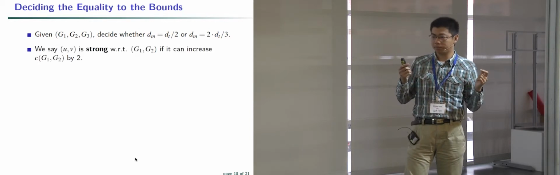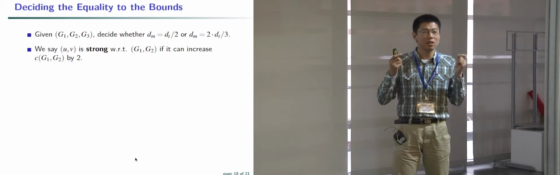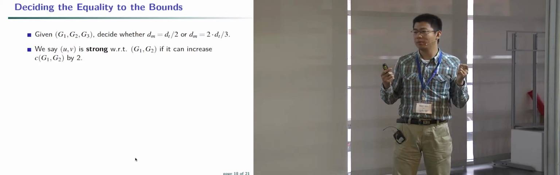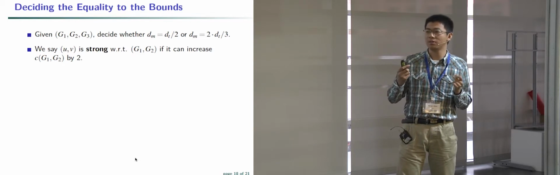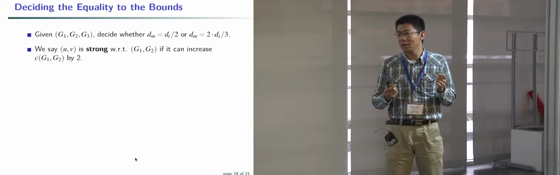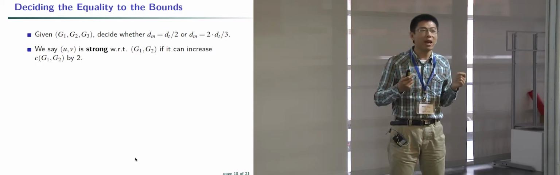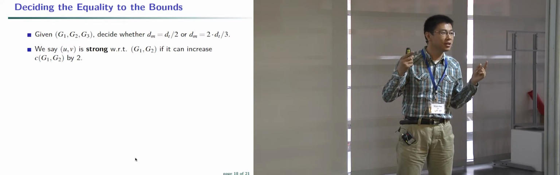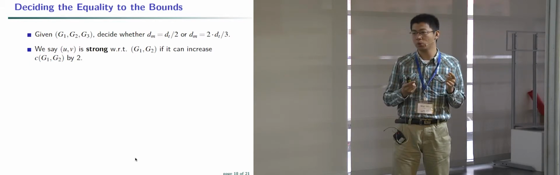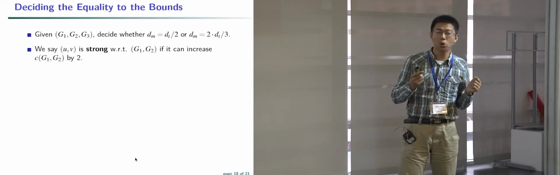We found that the equalness to the bounds is closely related to a substructure, which we call a strong pair. We define the strong pair as two vertices that can increase the number of cycles by 2. We use an example to explain this.